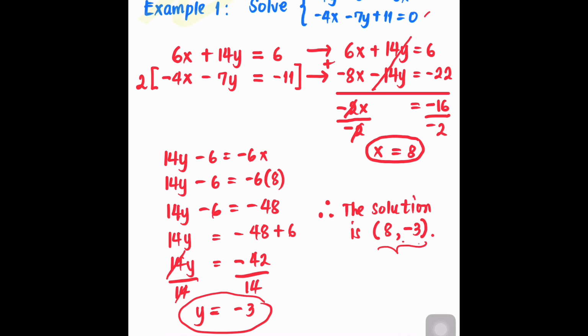And the second method, in order for you to know if the solution that we got is correct, is by simply substituting the value of x, which is 8, and the value of y, which is negative 3, into both equations. And it should give you true for each given equation. If that happens, definitely the answers that we got are correct.